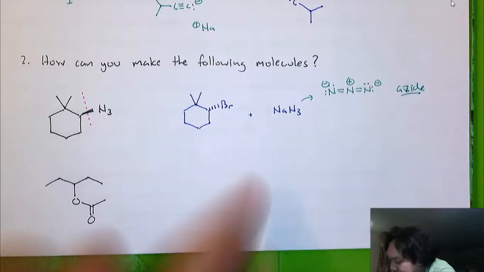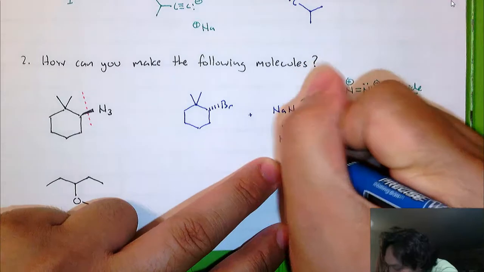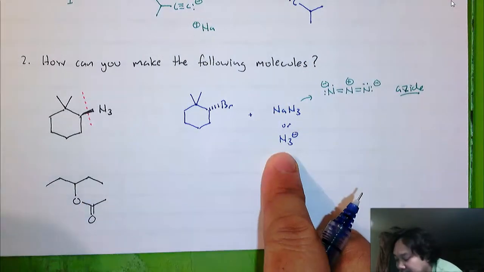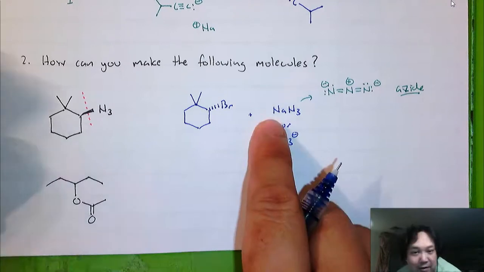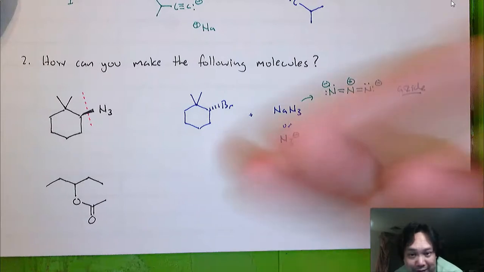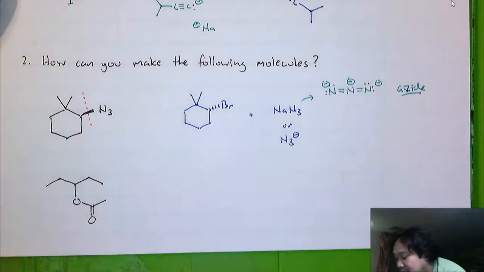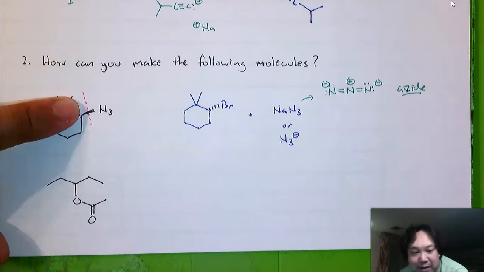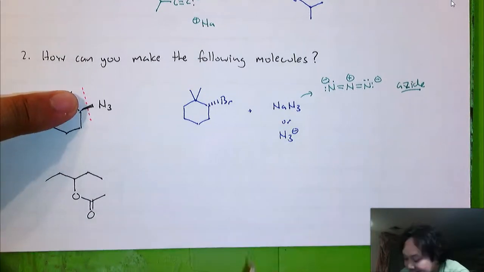Or you could just simply write this, N3 minus. That's perfectly fine. If you want to, give me the anion without the counter ion, that's perfectly good. Okay? That's your prerogative. Right? But for me, I usually put the salt. See this pink dotted line? Super important.